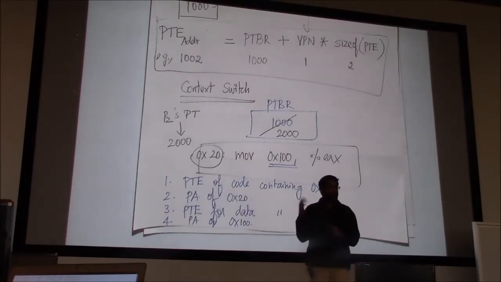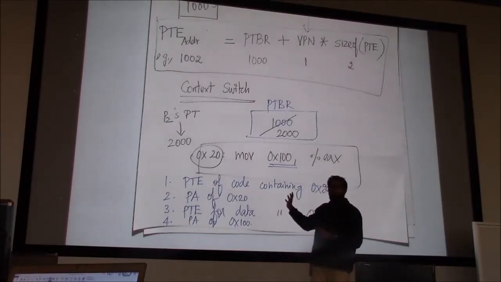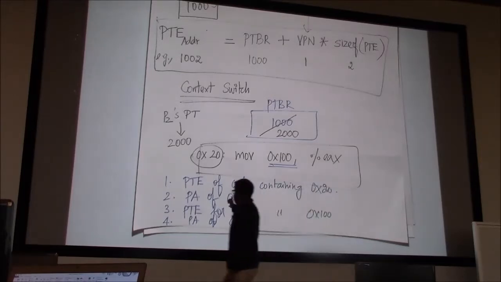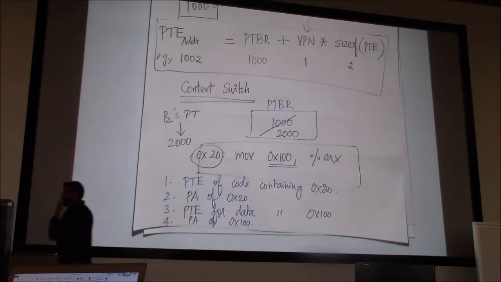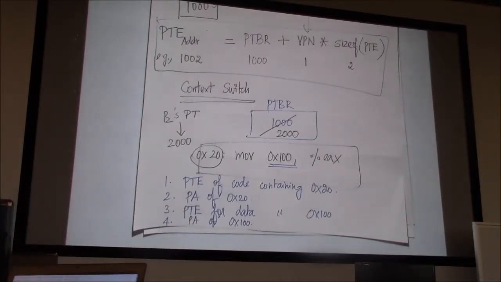Does this make sense? If we are accessing memory in this way, then just think about it, we would slow down our program by 2 times.